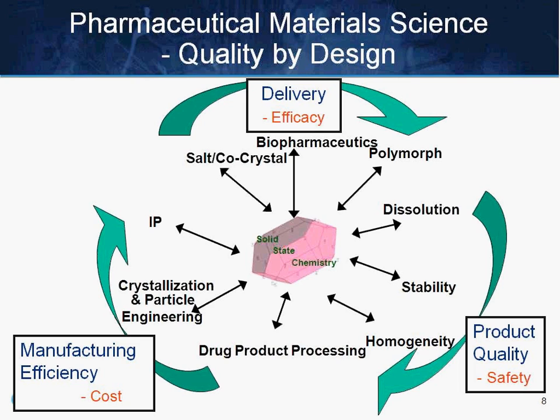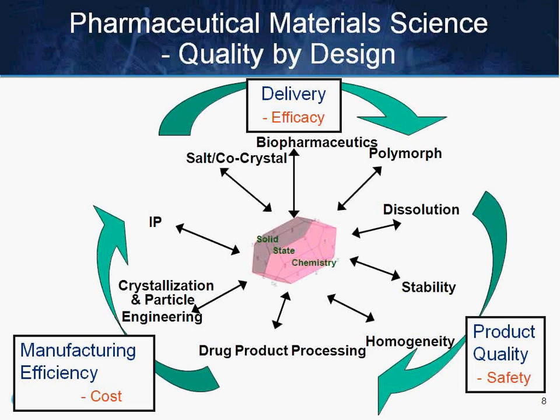And you can see on this slide here, pharmaceutical material sciences, quality by design, the importance of manipulating the solid state chemistry to achieve various attributes, whether it's the efficacy, so choosing the right salt or co-crystals, understanding the biopharmaceutics, making sure we isolate the right polymorph, through understanding the impact of the solid state chemistry on dissolution, on the shelf life of the product, the chemical stability, the homogeneity of the product, the evenness by which the API is distributed in the product, how easy it is to process the API through to drug product, and indeed how easy it is to isolate the final API through the crystallization process.